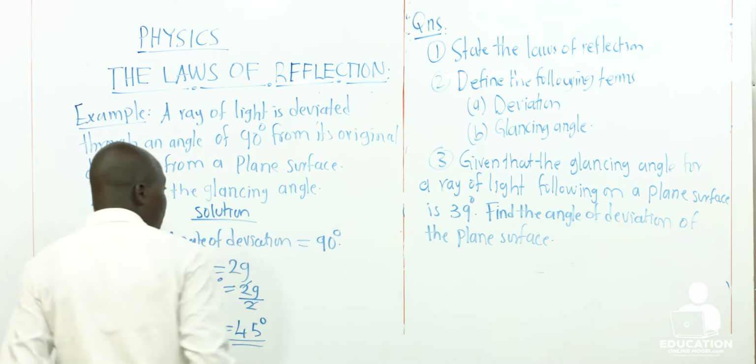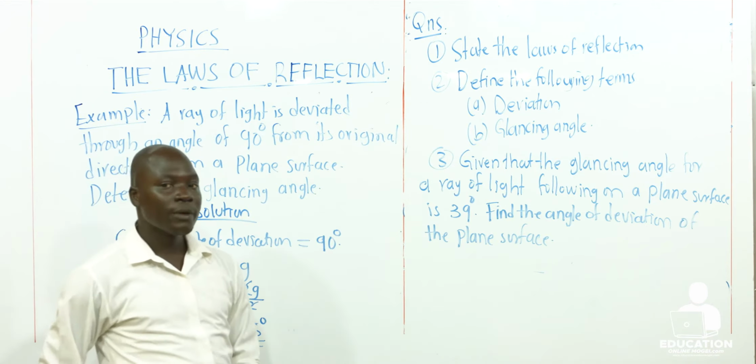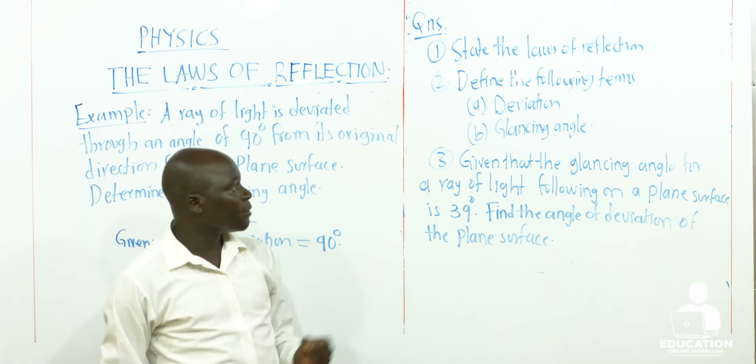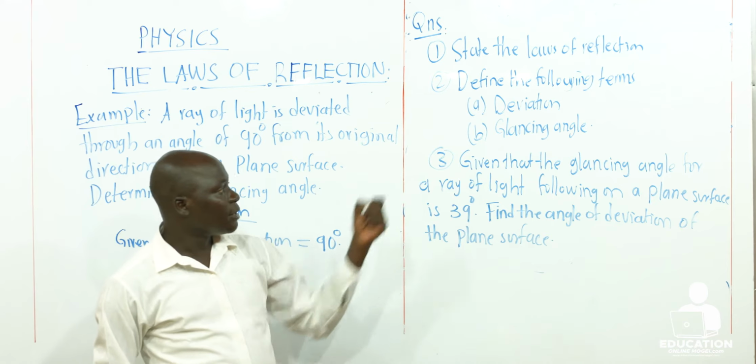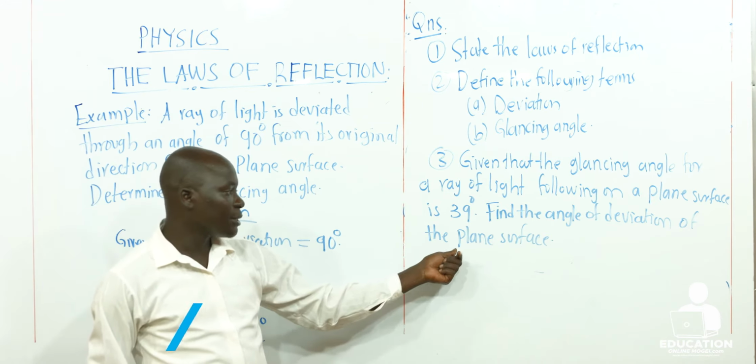So dear learners, you can be asked questions in this way. State the laws of reflection, then define the following terms: deviation, glancing angle, and you can also be given a question in this way.